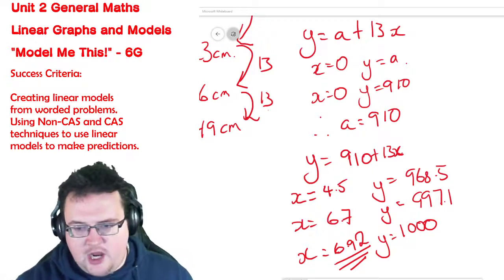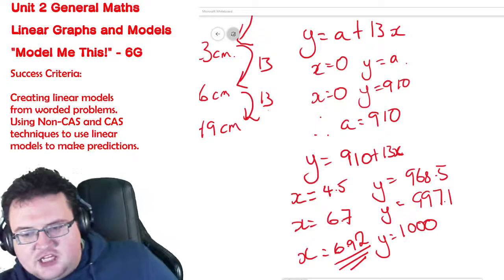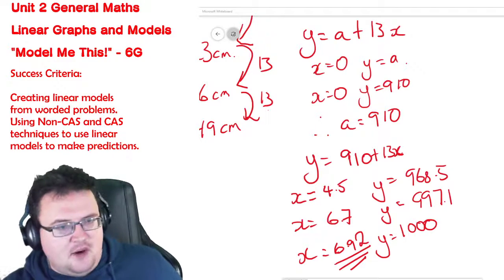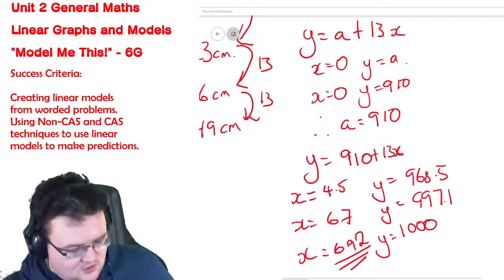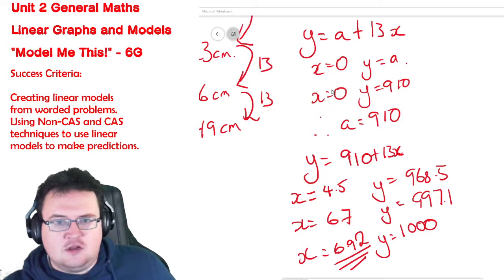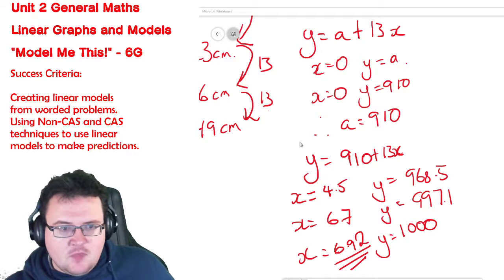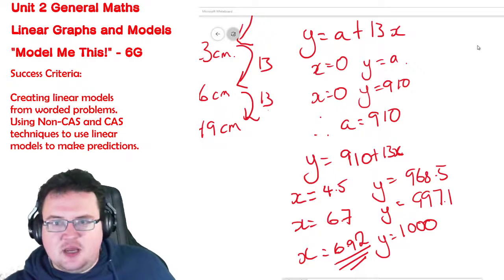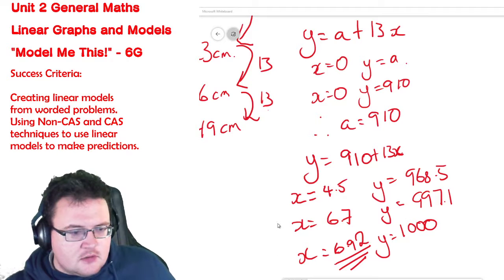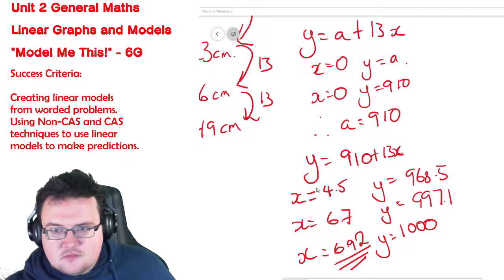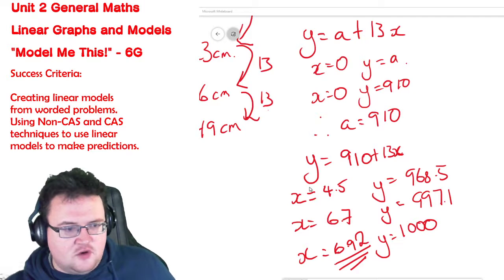Yep, so 1,000 minus 910 is 90, and then divide by 13. 90 divided by 13 is 6.92. That is correct. Well done. That's what we want to see. All right, so using these linear models, you can work forwards or work backwards to solve these sort of problems.